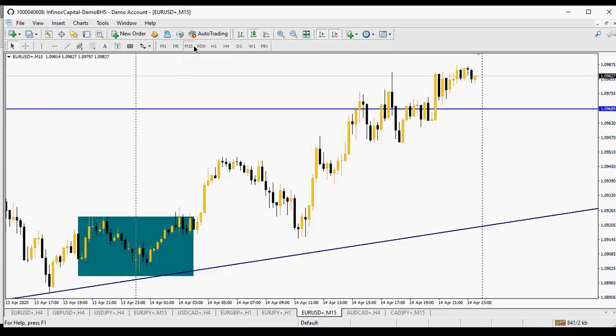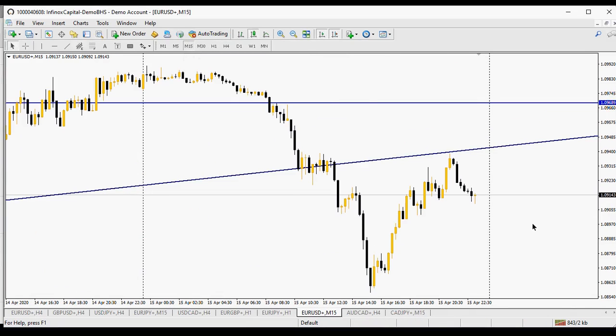If we're trading off the 15 minutes, we would probably be entering this trade around now. The market has come back, touched the lower trend of the channel and been rejected from there.